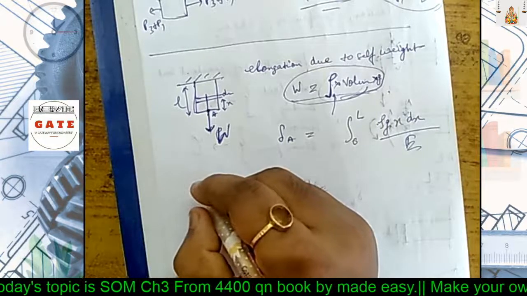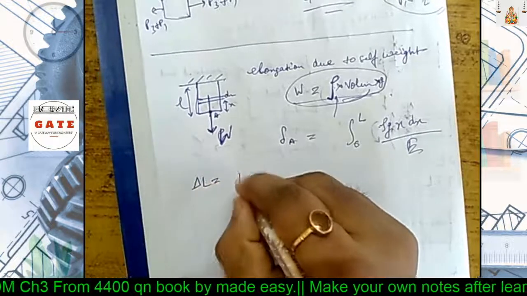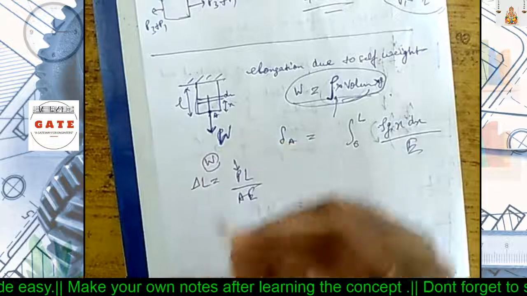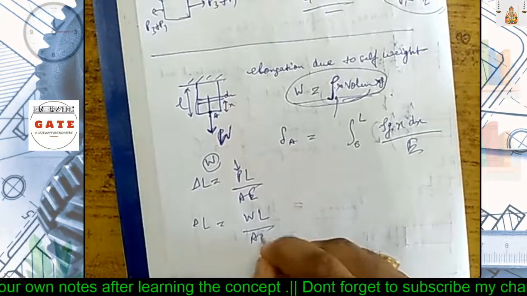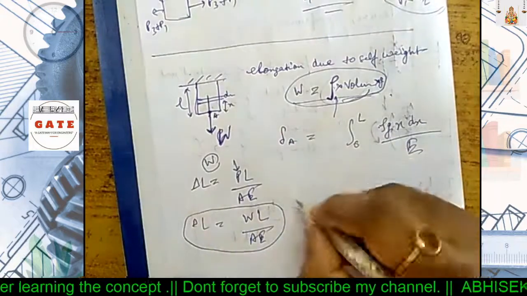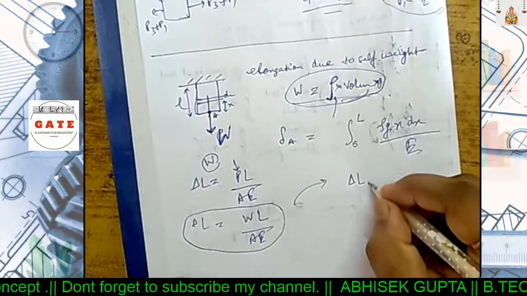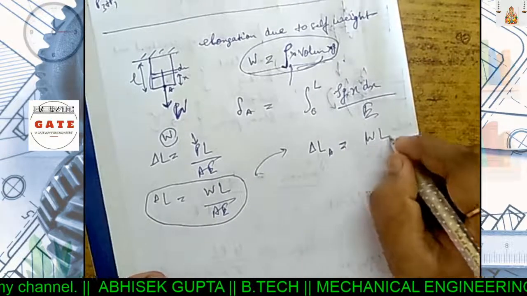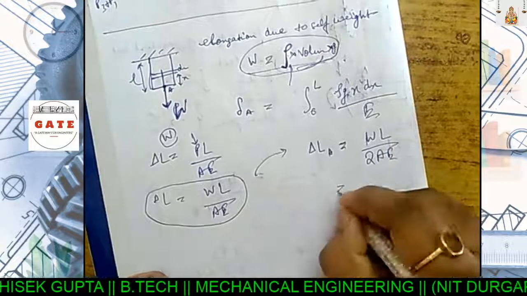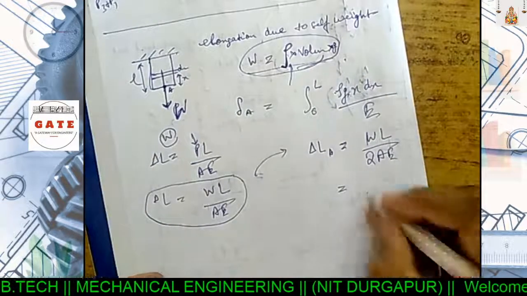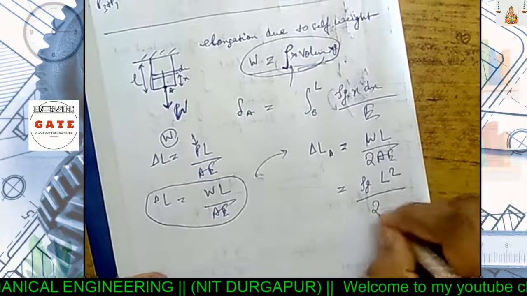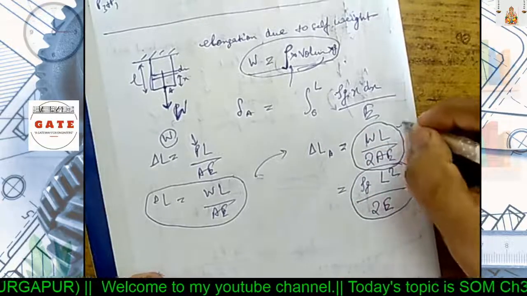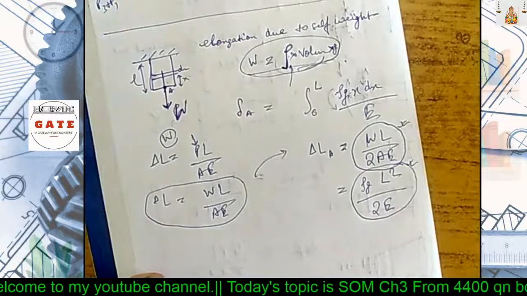We have the formula delta L equal to PL upon AE, where P is the load applied, here P is W. So delta L equals WL upon AE when a load is applied, but due to self weight, delta L at point A on solving this equation comes out to be WL upon 2AE, or in terms of rho g, it can be written as rho g L square upon 2E. So both these equations you have to remember, on different occasions different equations are used.